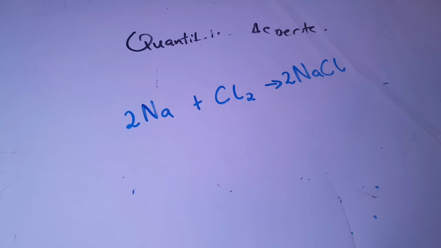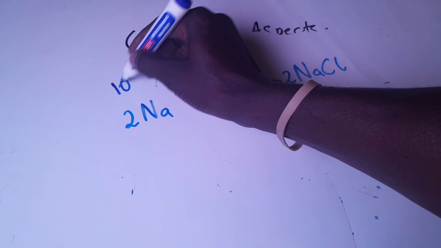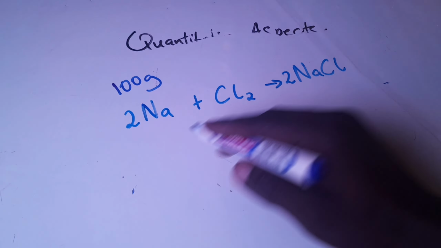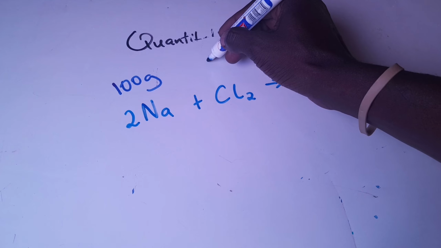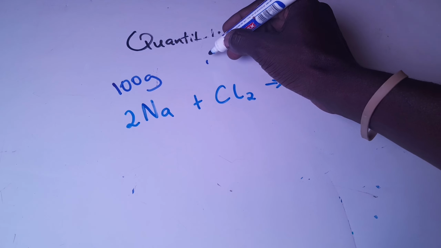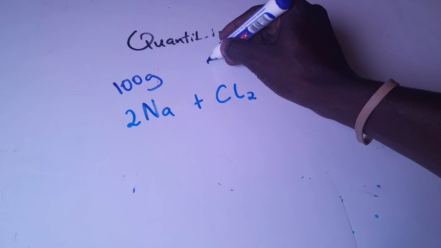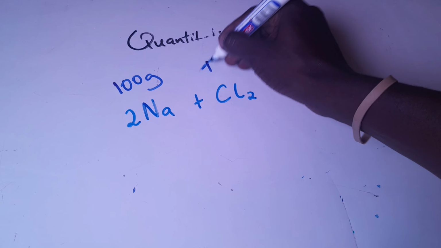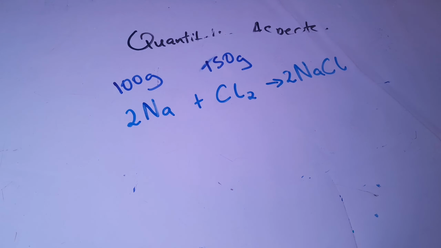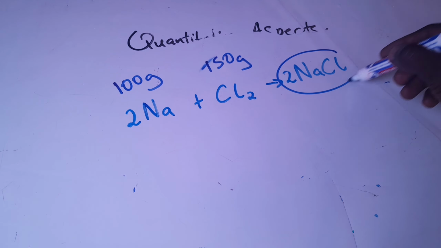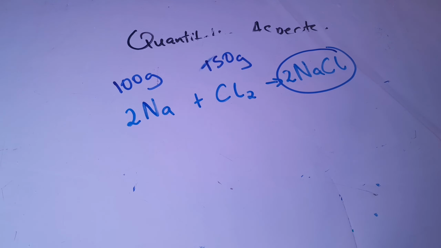I said 100 grams of sodium is reacting with 150 grams of chlorine, and I ask, how much sodium chloride is going to be created, in terms of mass? So what do you do?